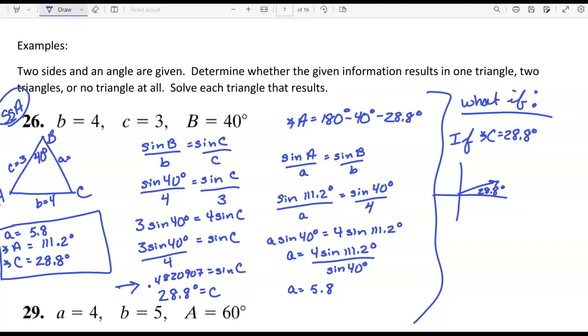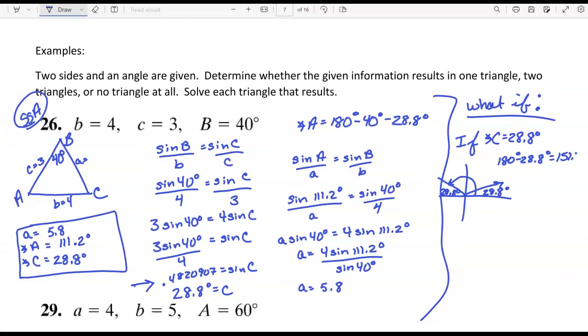In that second quadrant, this would be 28.8, so this angle here would be 180 minus 28.8. So 180 minus 28.8 is 151.2. So we're saying, what if angle C was 151.2? Okay, is it possible?